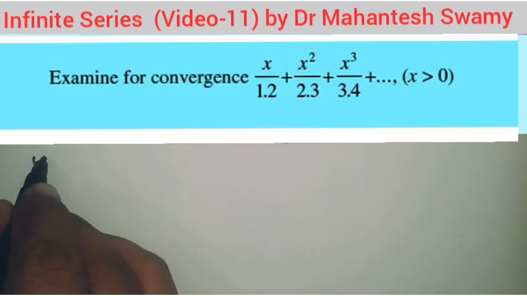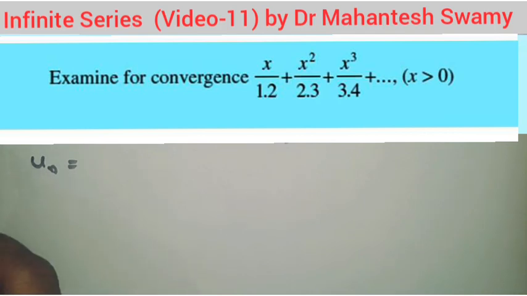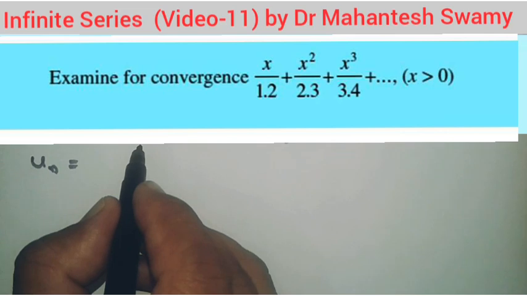So here first we shall write down what is the nth term. The given series is summation un, that is understood. Now we are writing the nth term. Look at the terms. In the first term it is x to the power 1, in the second term x to the power 2, in the third term x to the power 3.